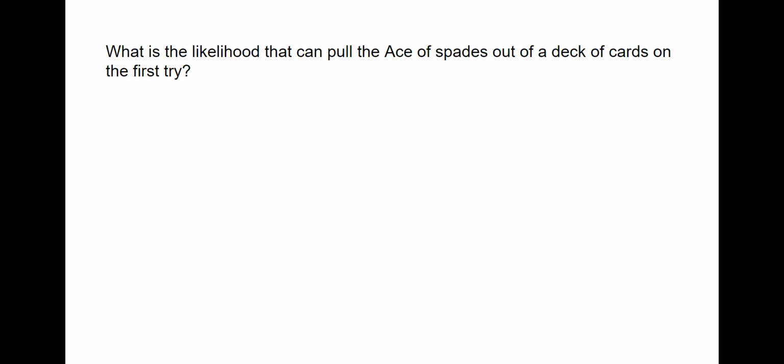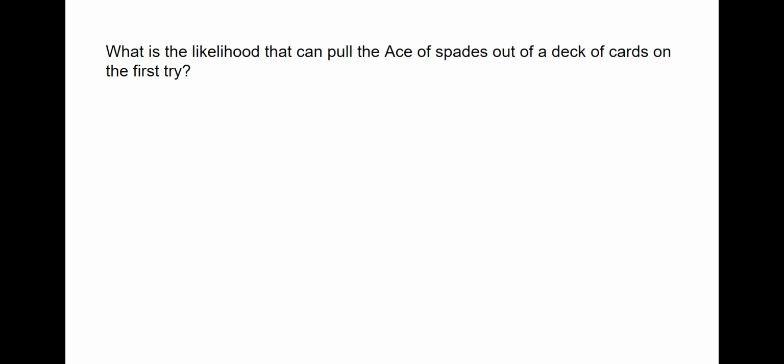Now, probability equals the number of outcomes that meet specific conditions, divided by the total number of possible outcomes. Here's an example. What is the likelihood that a person can pull the ace of spades out of a deck of cards on the first try? Well, the first thing we need to know is what is our sample space?